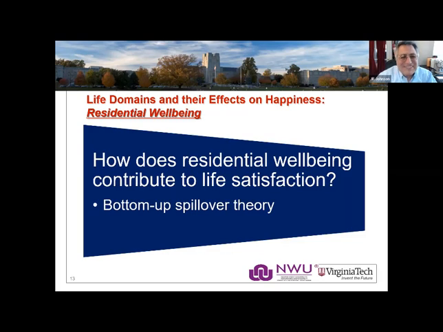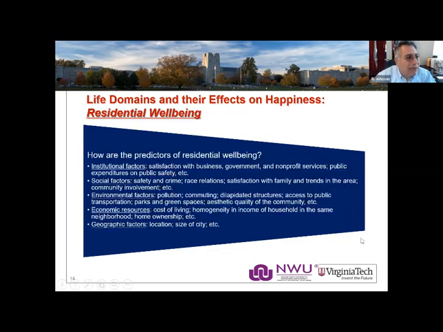Great. Okay, so we're going to move on to talk about some of the predictors. You remember I was trying to make a distinction between those composite indices of residential well-being in which they get confounded with the predictors. And these are the predictors that we're talking about. Like, for example, satisfaction with business, government, and nonprofit services as institutional factors.